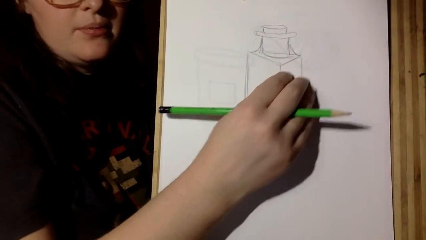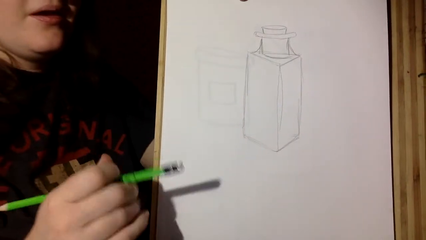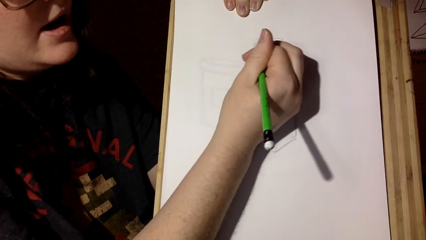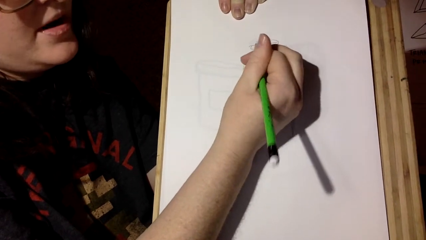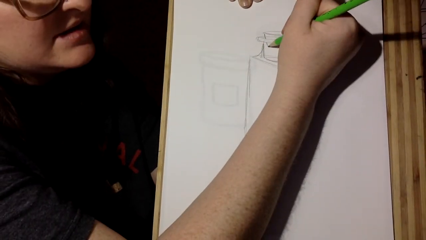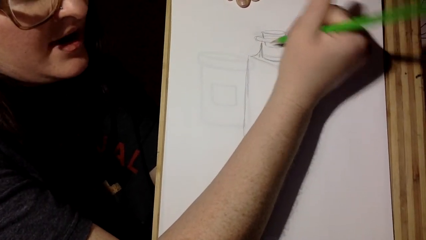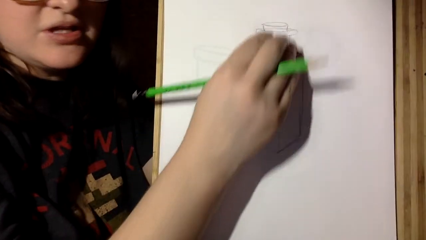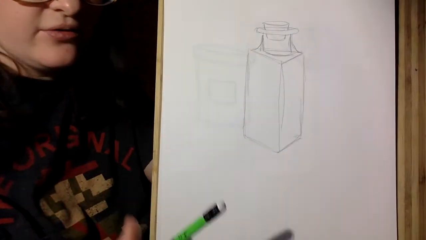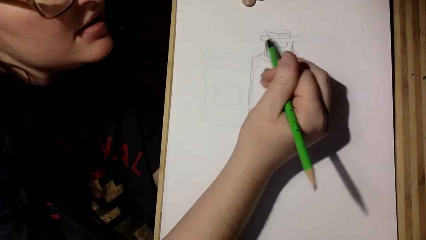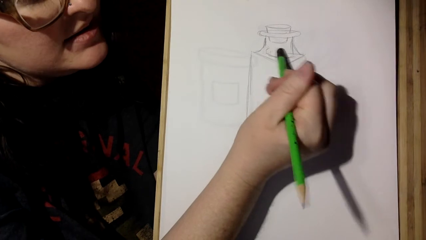Now you could stop there, and that would be perfectly fine. You could say, this is my opening, do the cork on that, and because it's glass, you could have the cork come down into it. Each thing just kind of like adds a new level of complication. But then you'd have all these extra lines to be erased.